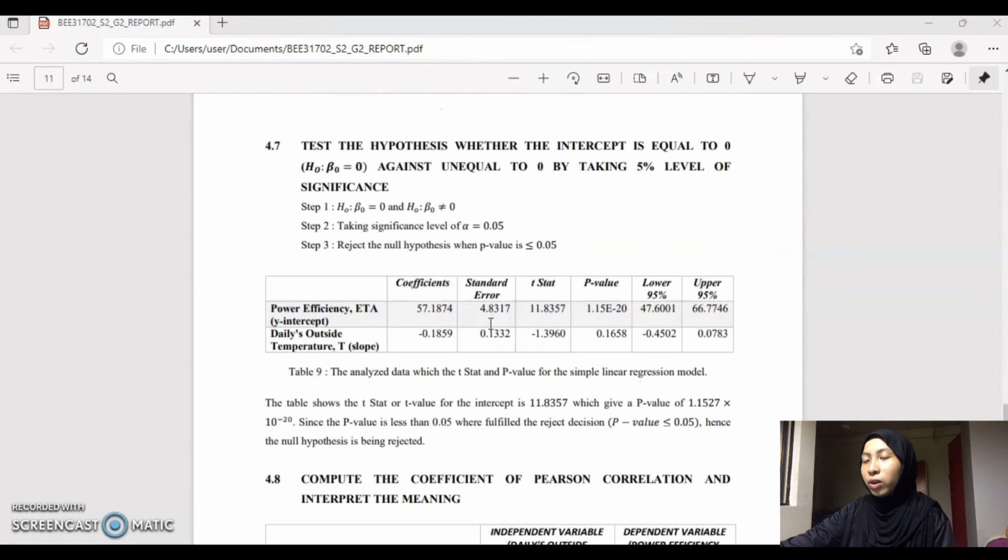Next, for the other task, test the hypothesis whether the intercept is equal to 0. We use H0: beta 0 equals 0 against H1: beta 0 not equal to 0, by taking a 5% level of significance.